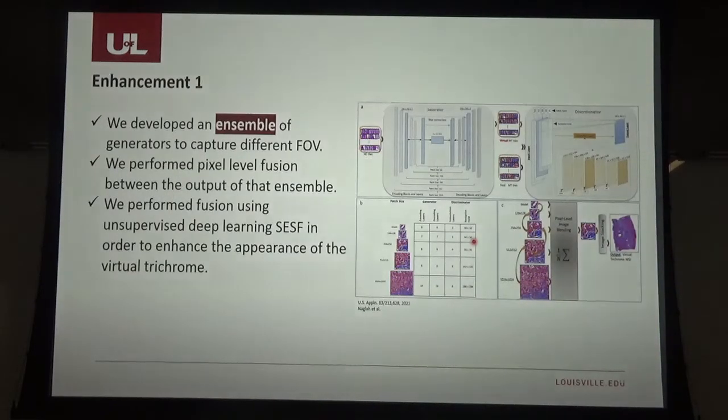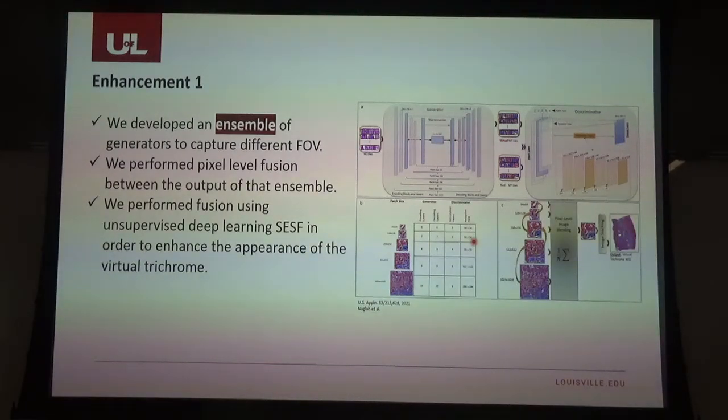So we developed an ensemble of generators that takes multiple fields of view at the same spot in the whole slide and fuses them together in order to enhance the appearance of the produced virtual stain. That's what we did.